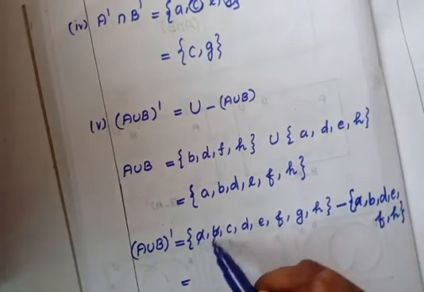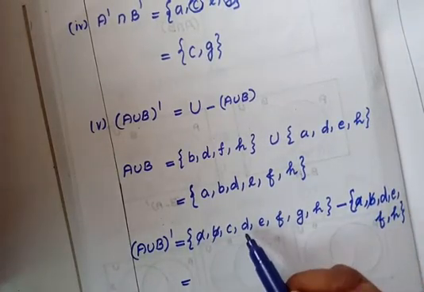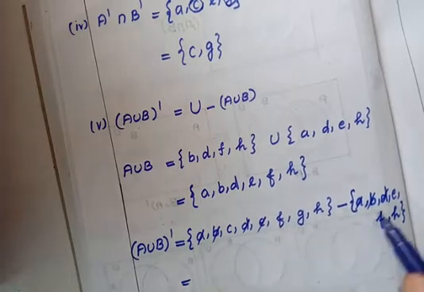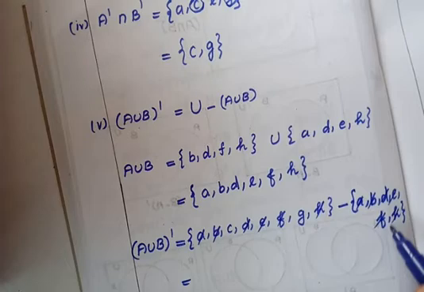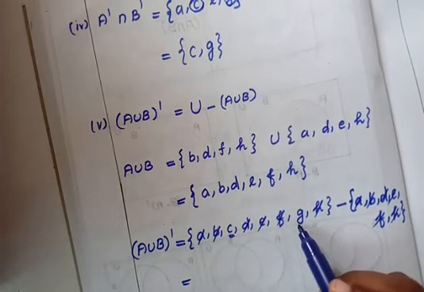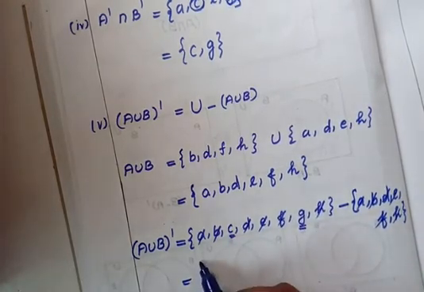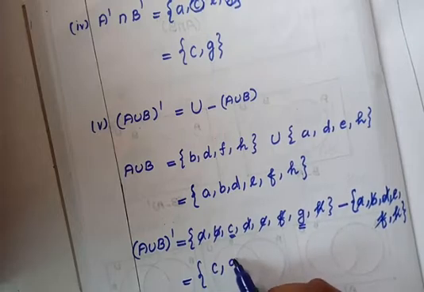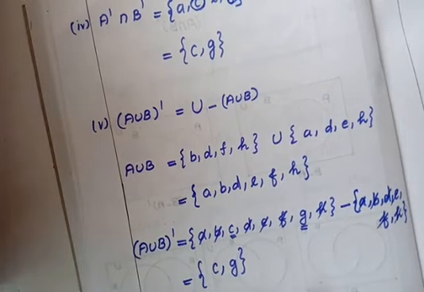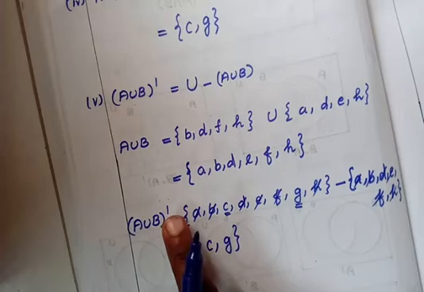A cancel, B cancel, then D cancel, E cancel, F cancel, then H cancel. So only the elements C and G remain. So C comma G are the elements of A union B the whole dash.